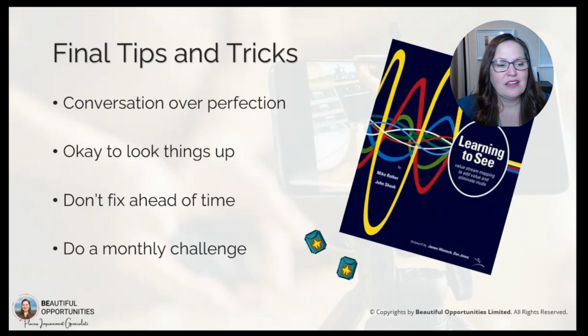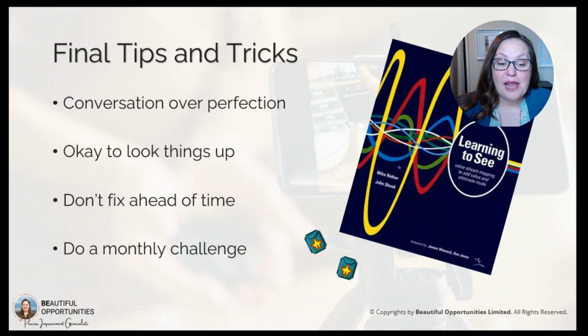You're only going to convolute the process if you try to do too many improvements before you actually have this activity. It's not about you as the facilitator, it's about that team that's working in this process. So try to be that impartial observer at the beginning and just collect that data. Don't try to change too much ahead of time.